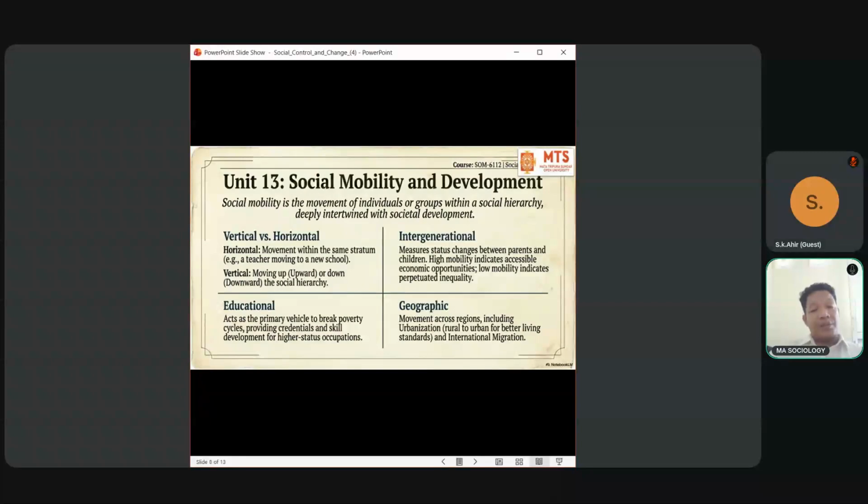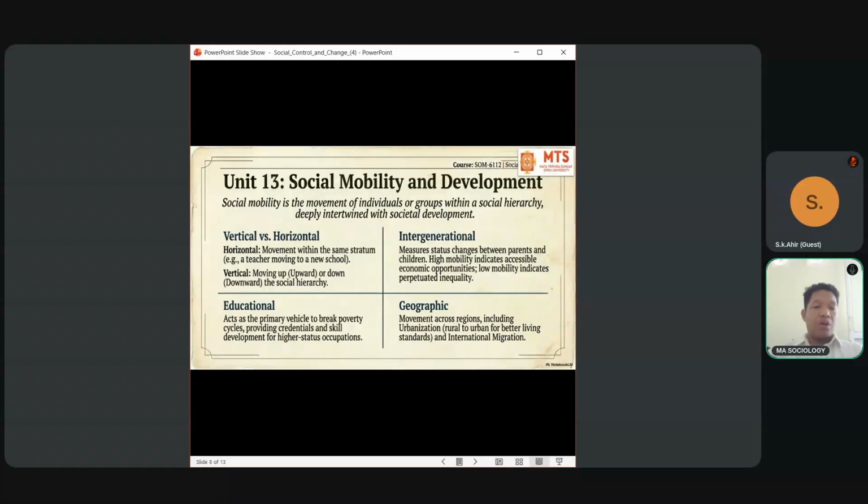So social mobility is the movement of individuals or groups within a social hierarchy, deeply intertwined with societal development. So coming to vertical versus horizontal. Horizontal movement is within the same strata, like a teacher moving to a new school.